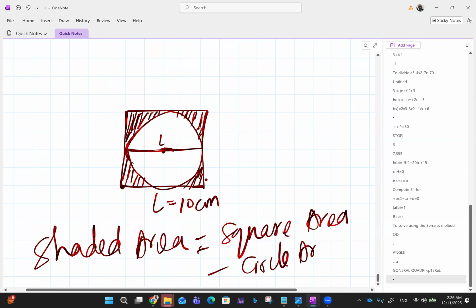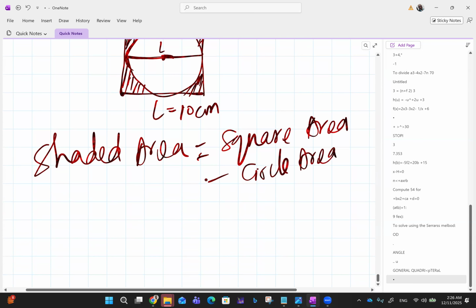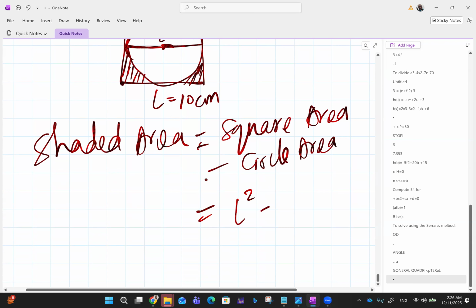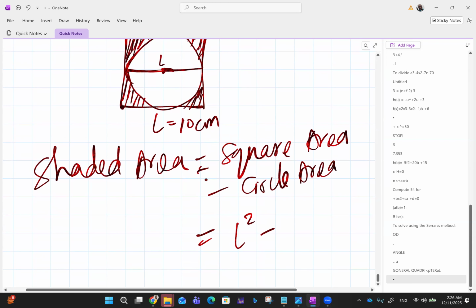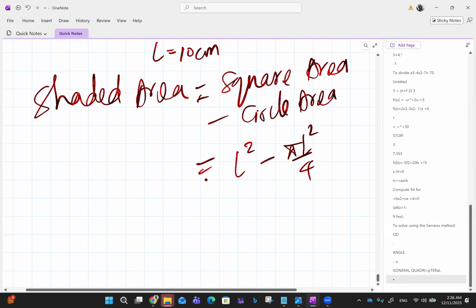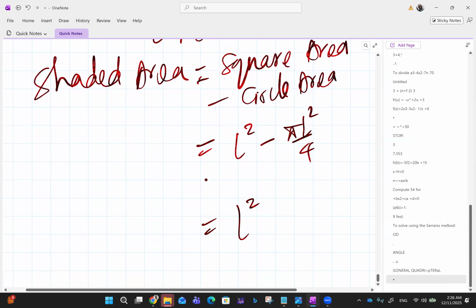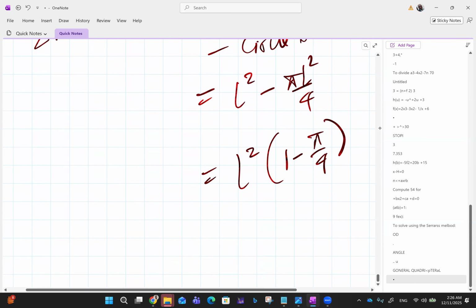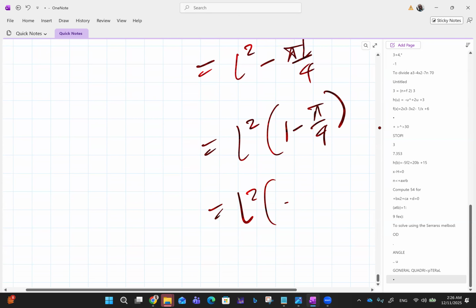Square area is just L squared. For the circle area, the diameter of the circle is L, so that's just pi L squared over 4. Here I can even factorize L squared, so I have L squared into 1 minus pi over 4. The LCM is 4, so that's 4 minus pi all over 4.